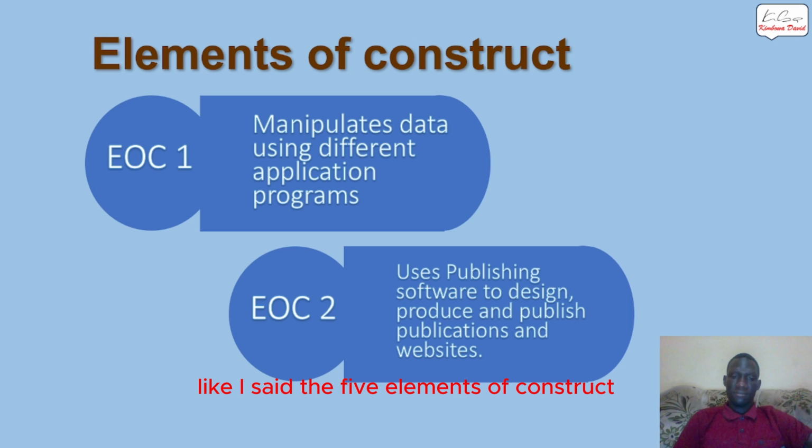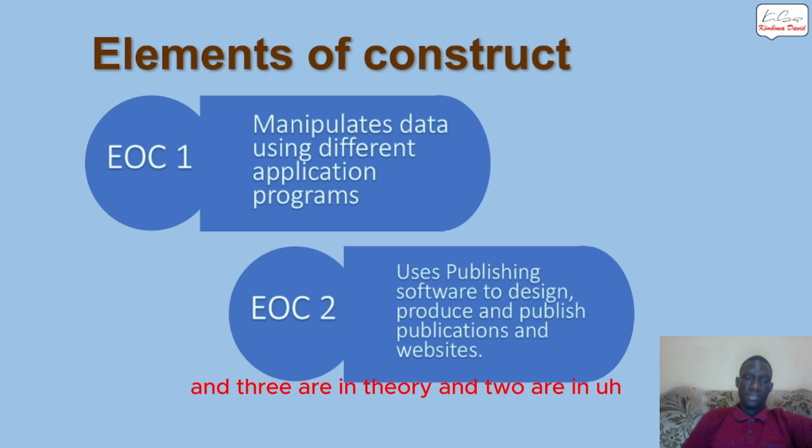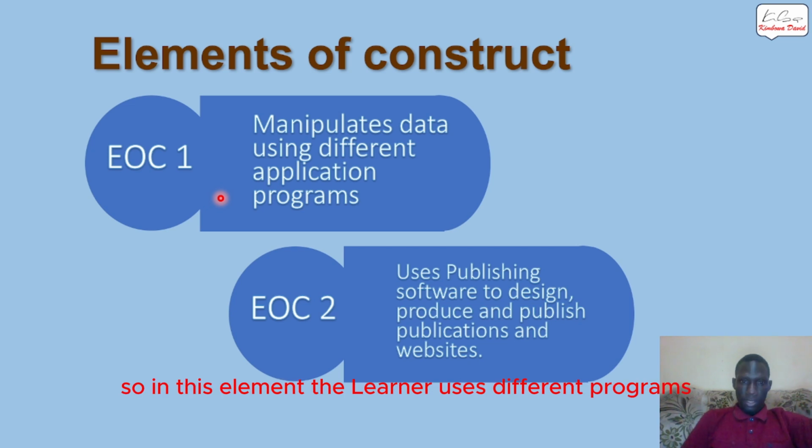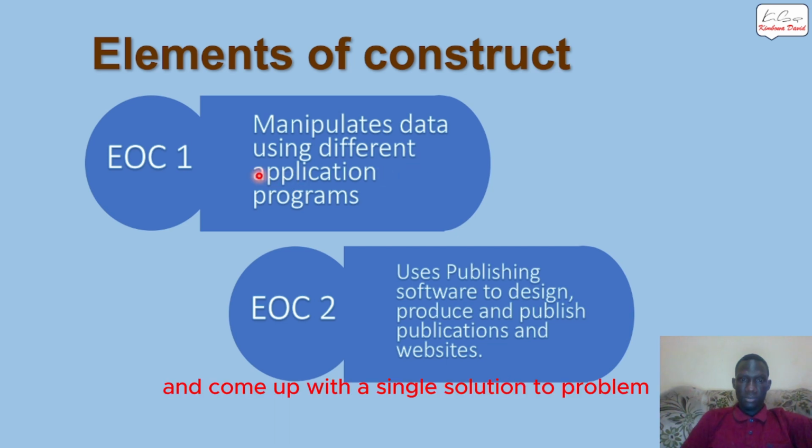Like I said, there are 5 elements of construct, and 3 are in theory, then 2 are in practical. Element of construct 1 is the learner has to manipulate data using different application programs. So in this element, the learner uses different programs and comes up with a single solution to a problem that is given.